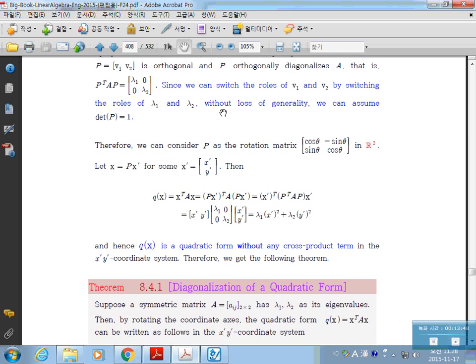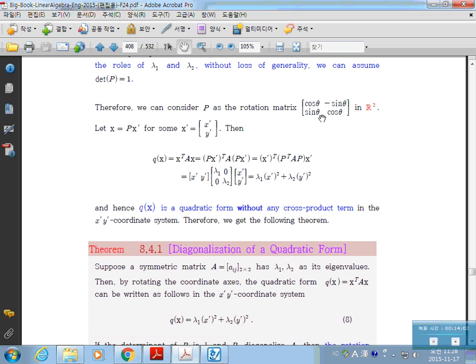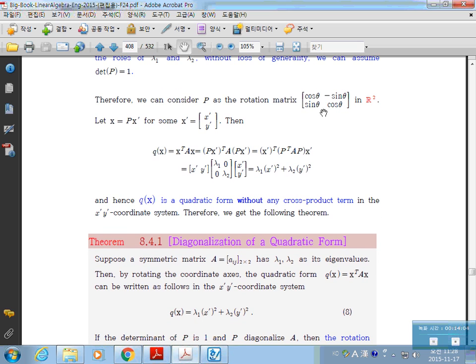With this setting, we can consider P as a rotation matrix like this in R2. In R2, if we have an orthogonal matrix like this, then that's just the rotation matrix, like you have learned in the earlier chapter. Let X be equal to PX prime for some X prime. Then Q of X can be written in this way.